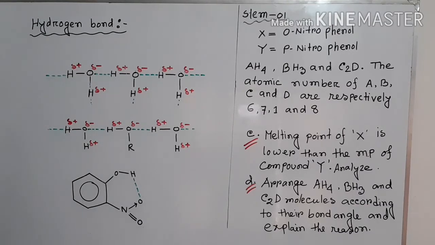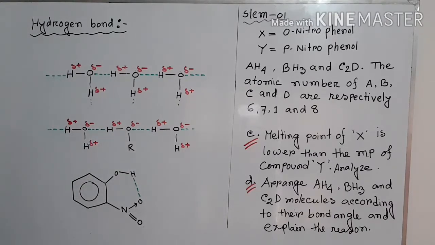It is also 5 to 30 kilojoule per mole stronger than van der Waals interaction, but weaker than ionic and covalent bonds. Hydrogen bond influences physical properties, but it does not change chemical properties. There are two types of hydrogen bond: the first is intermolecular hydrogen bond and the second is intramolecular hydrogen bond.